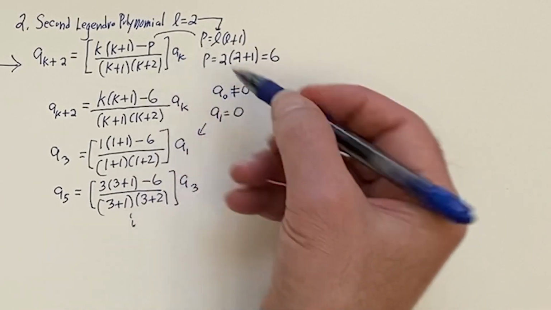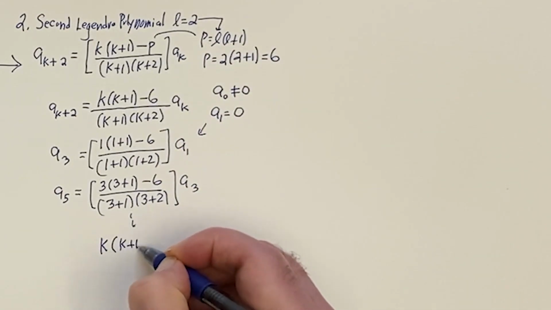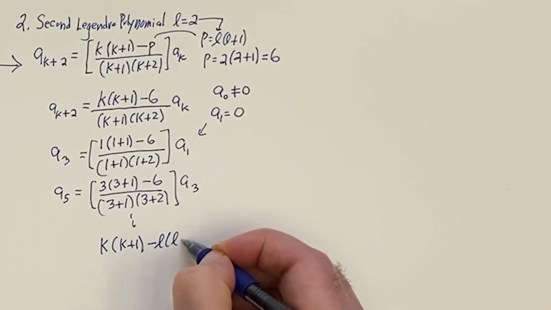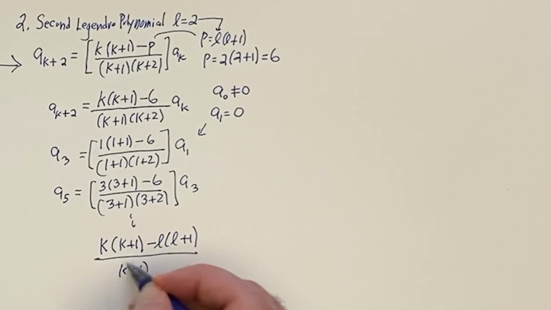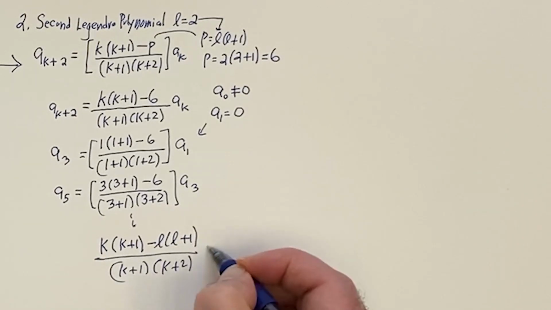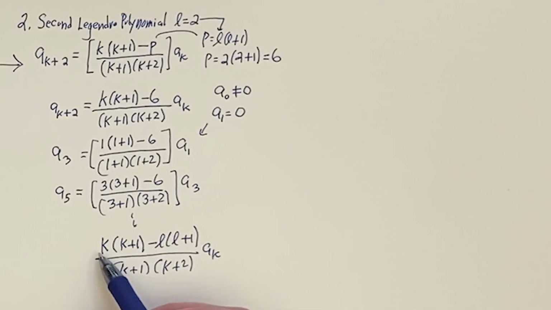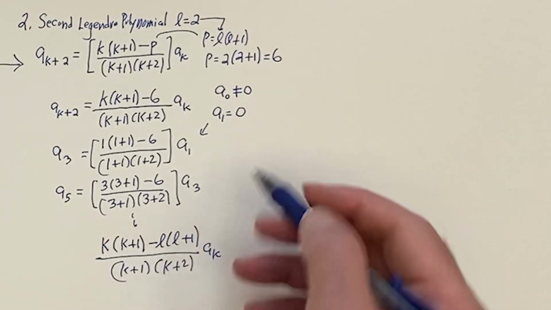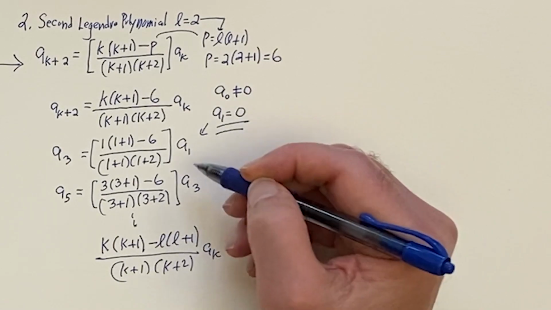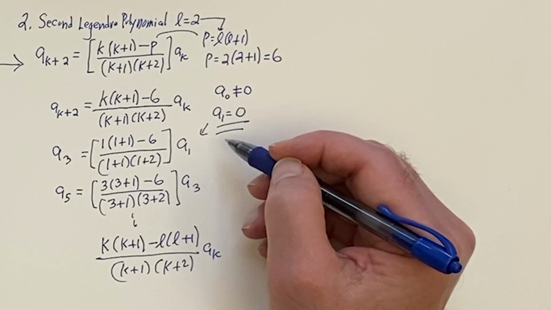So that's where it's nice to see the form with the L, the P replaced by the L. So when you have that form like this, you can see that you're going to have a 0 here eventually. If L is even, k's got to be even. So that means for the opposite one, the odd one, you got to set the first one equal to 0 so that you kill off that series, the odd series.